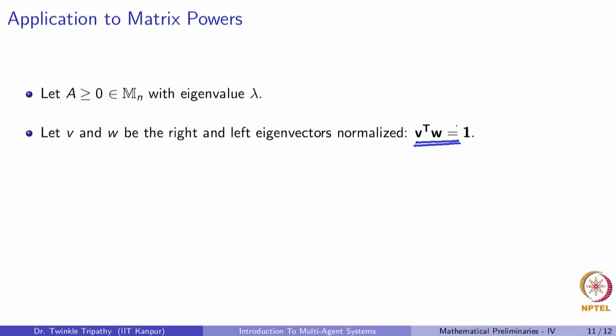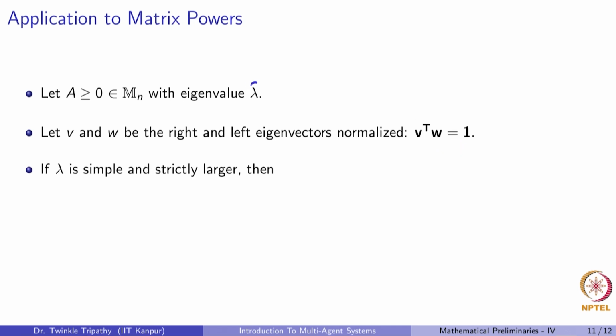Now, note that whenever we are doing a spectral decomposition, we use this normalization rule. So, just in the interest of that, we have chosen the normalized set of eigenvectors. The lambda that is given here, we assume that that lambda is simple and strictly larger than every other eigenvalue.